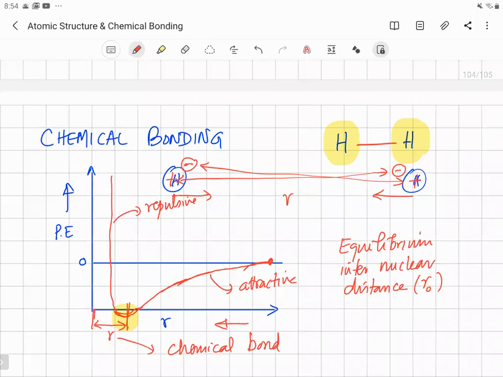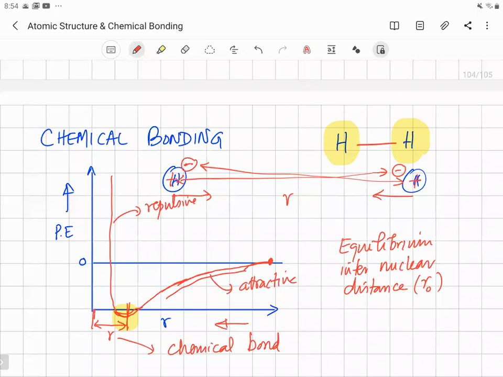Understood? When is it formed? When two atoms, the atom may be hydrogen or any atom, are far apart, they do not interact with each other, and in that case potential energy is zero. When they start approaching closer, the attractive force starts dominating, so you have a curve like this. Potential energy starts decreasing, and ultimately it leads to a minimum point.